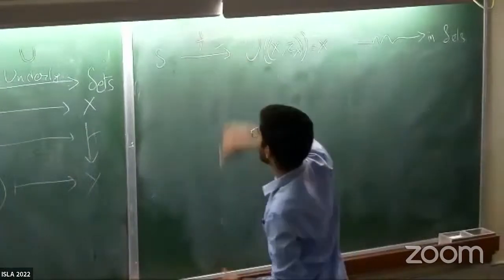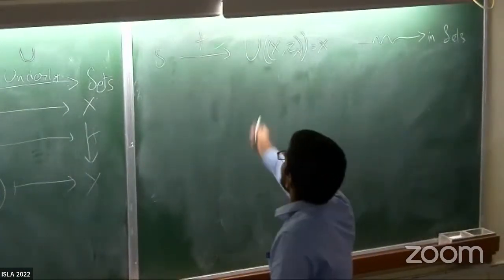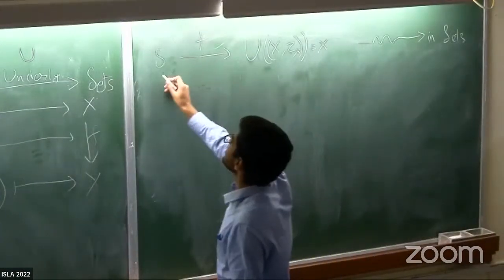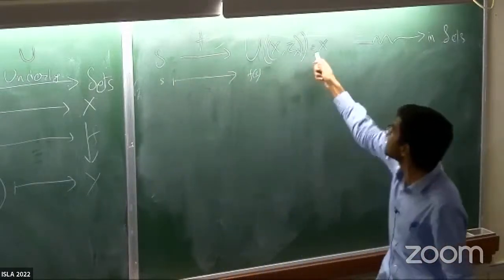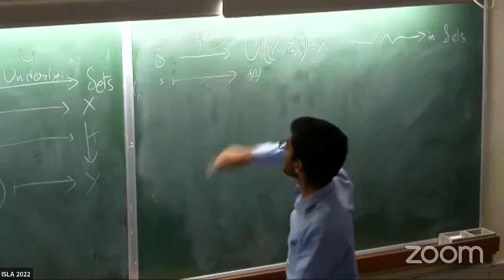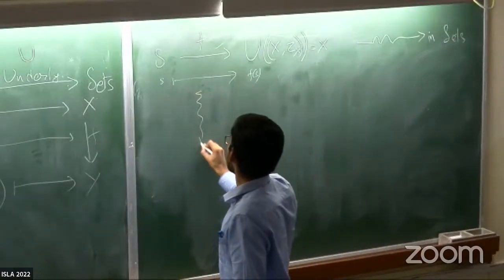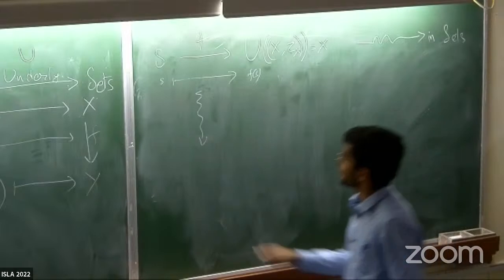Suppose this is a map F. What it is doing is taking an element and mapping it to the element F of s in the set S. This is just a set map. With this, I can make the following map.